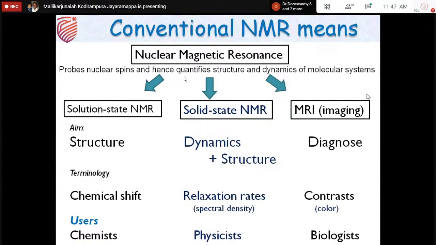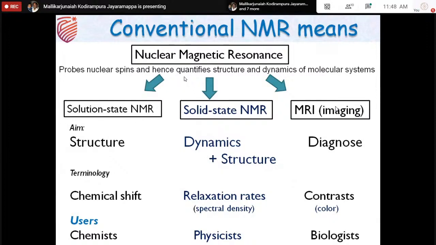And then, when it comes to the hardcore application, from which even a layman is able to benefit, it is magnetic resonance imaging. To give a brief view of MRI, our body consists of a lot of water, and water consists of hydrogen.